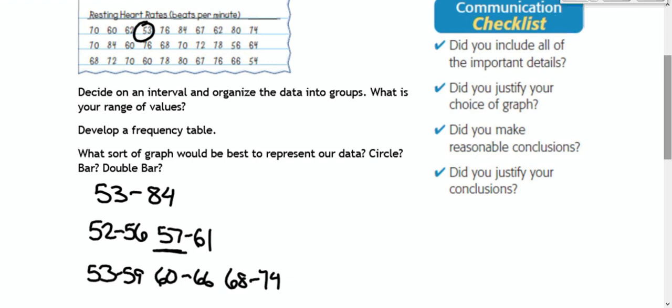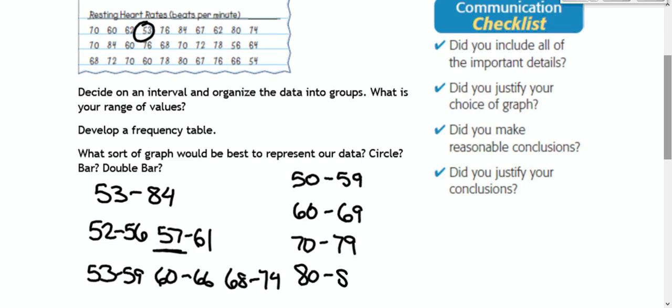What if we did just 50 to 59, 60 to 69, 70 to 79, and 80 to 89, because the range has to be the same.